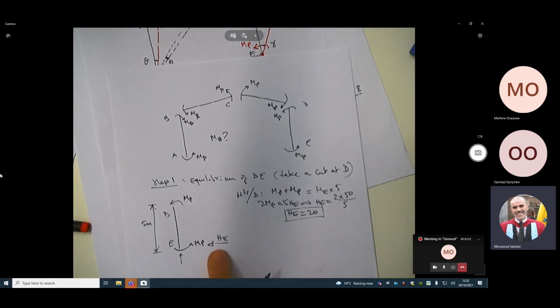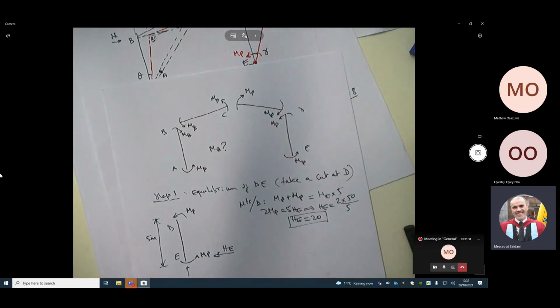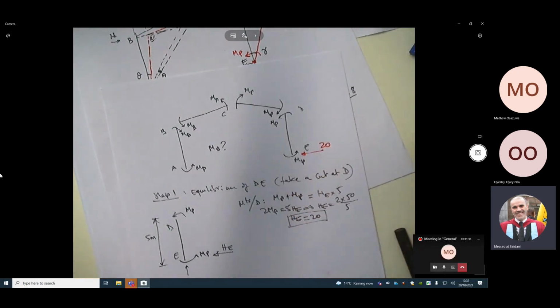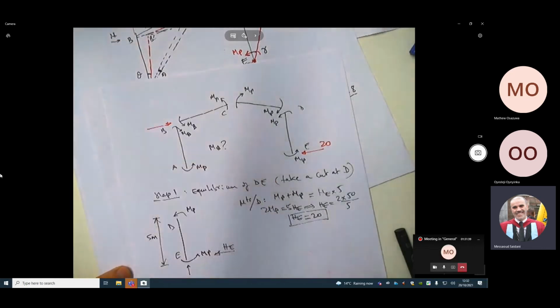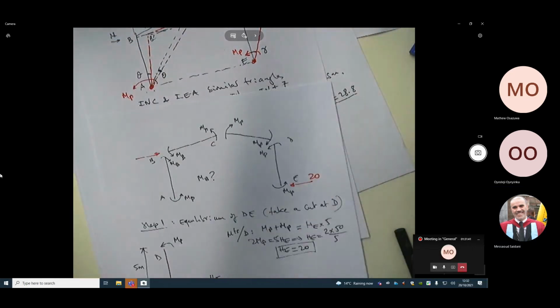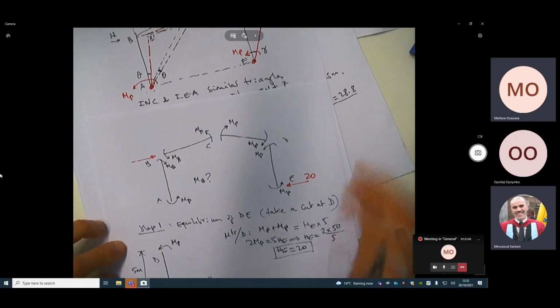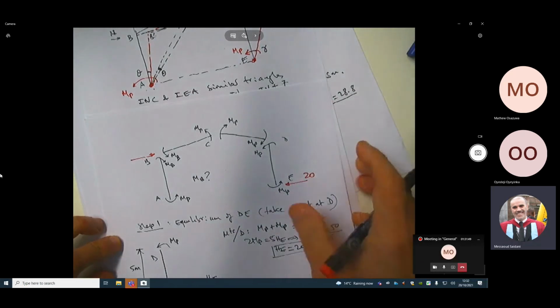So the horizontal reaction at E is 20. Okay? Now here the horizontal reaction is 20. The horizontal force H, what was the value taken? Is it 40? No, 30.